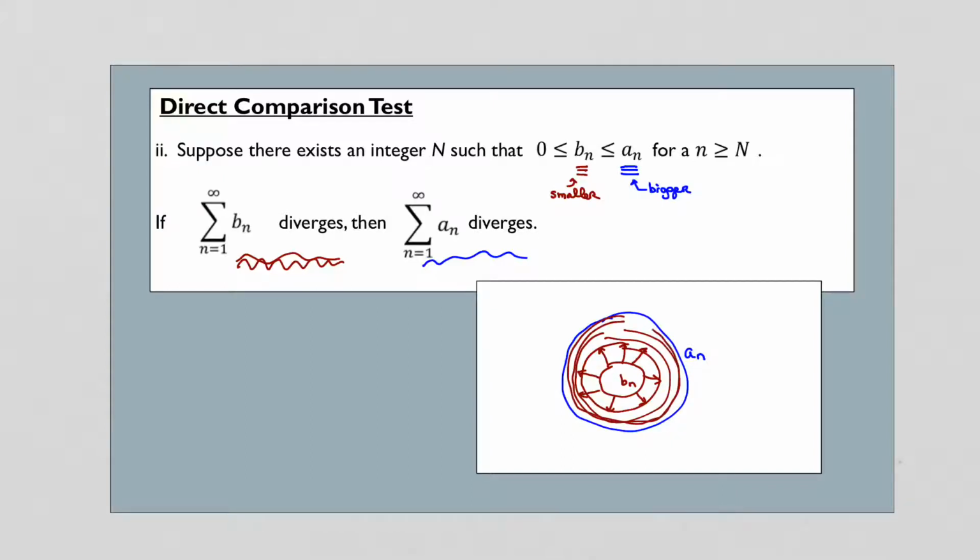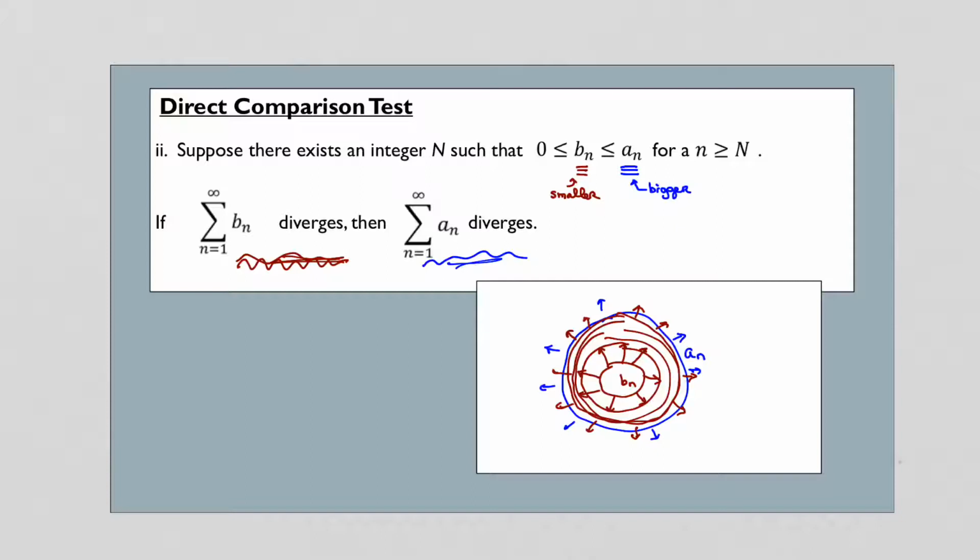And so what is it forcing? It's forcing a sub n outwards to do the same thing. So as b sub n is exploding and diverging, a sub n also has to explode and diverge with it. That's the idea behind this part of the direct comparison test.